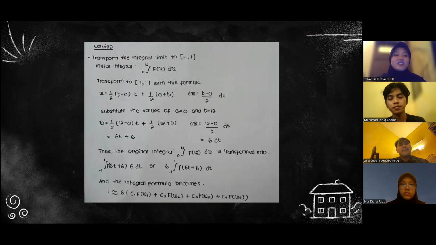Thus, the original integral, the integral of f(x) with respect to x from x=0 to x=12, is transformed into 6 times the integral of f(6t+6) with respect to t from t=-1 to t=1. And the integral becomes approximately equal to 6 times, open parenthesis, c1 times f(x1) plus c2 times f(x2) plus c3 times f(x3) plus c4 times f(x4), close parenthesis.